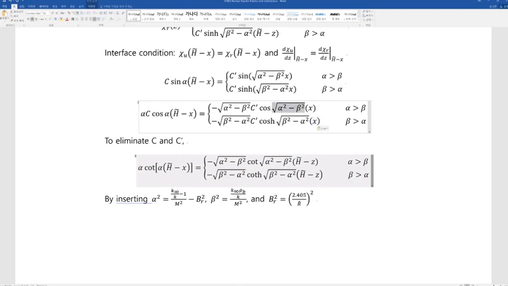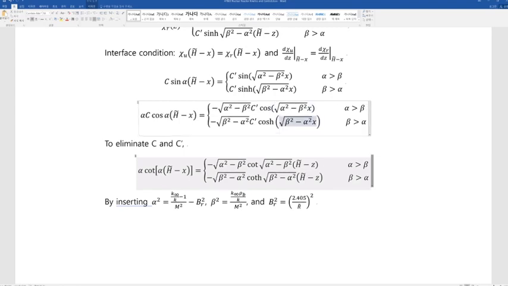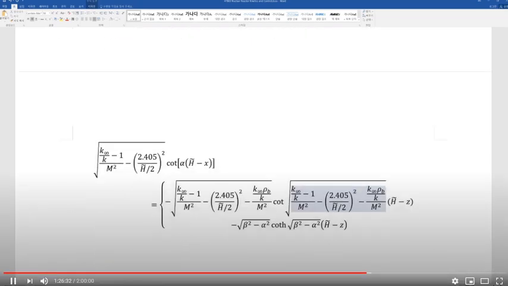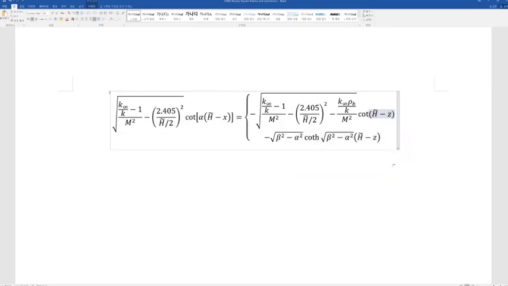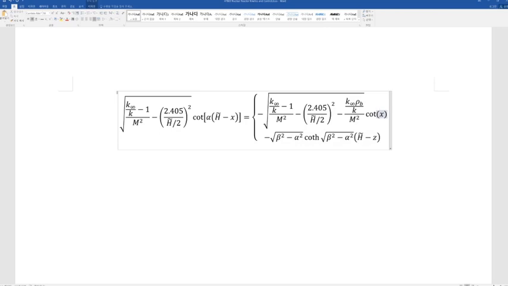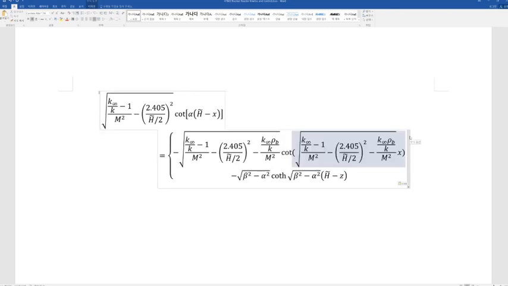So to avoid confusion, we may insert the square root inside of the parenthesis. What this affects is that square root of x, and in front of this we are going to have alpha squared, square root of alpha squared minus beta squared.